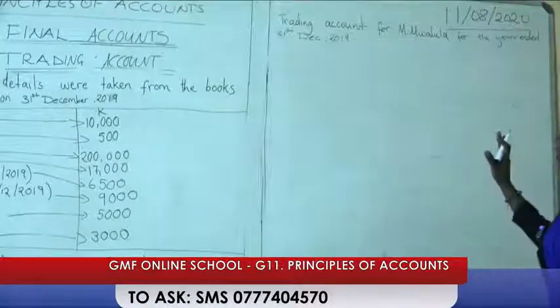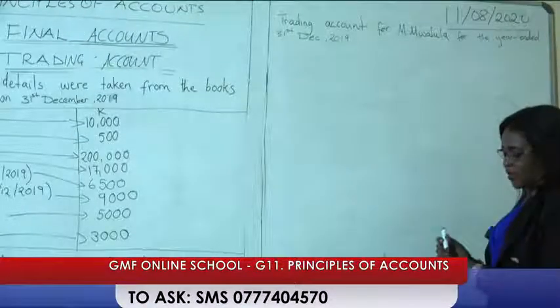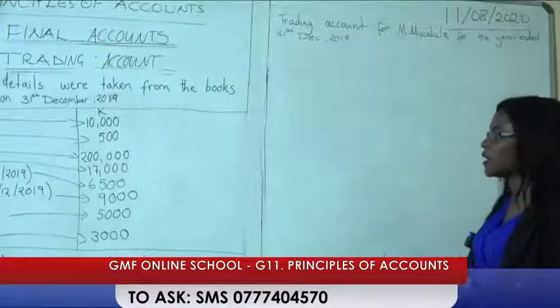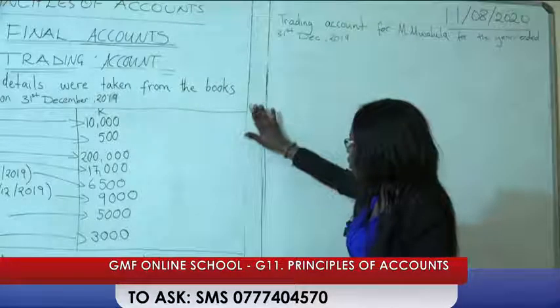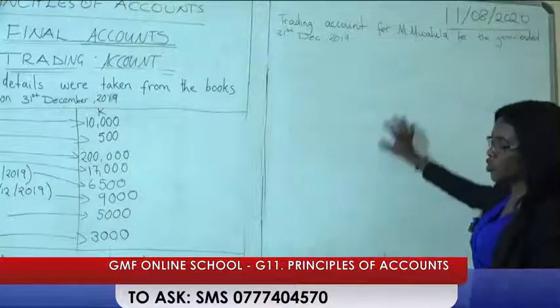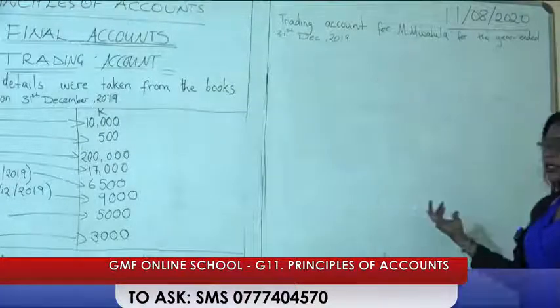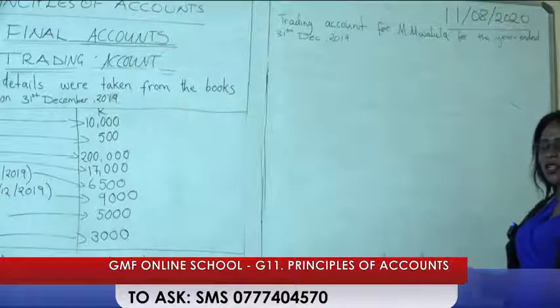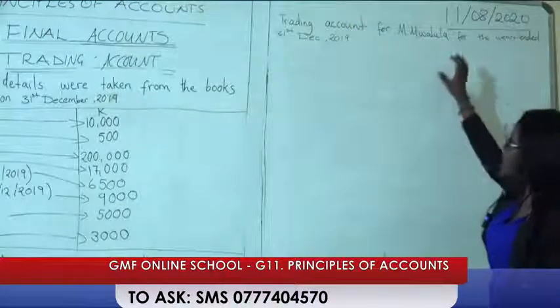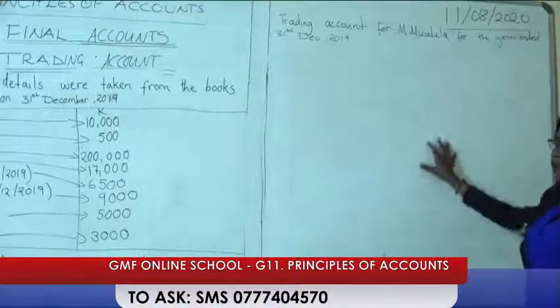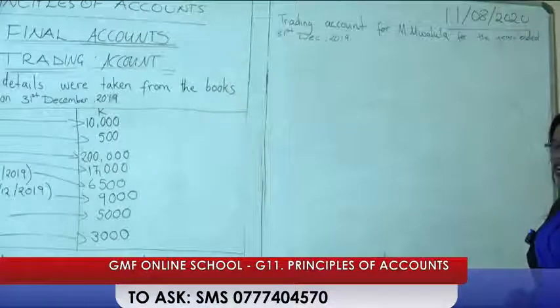Already when you write that, it's already a mark. So that whoever will come and check your book will know that what this information is talking about is a trading account. Minus a title, someone would not really know whether that was a trading account or not. So this is a guideline to know that the information given here is the trading account.